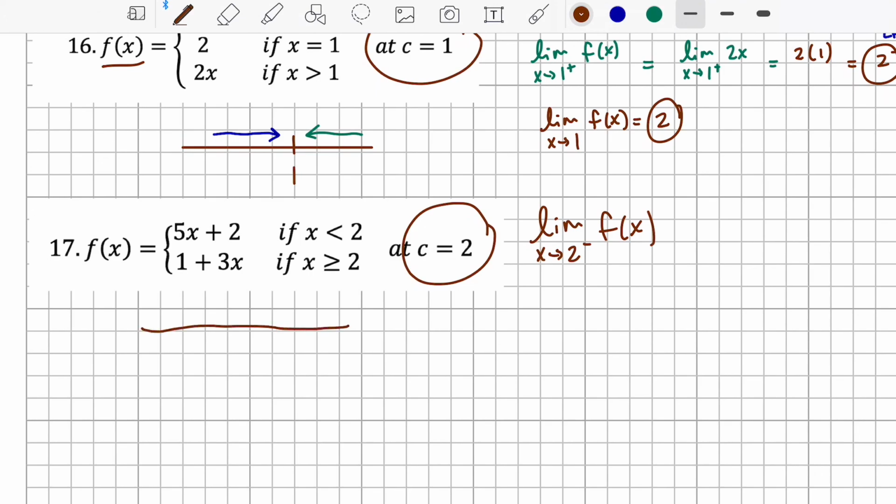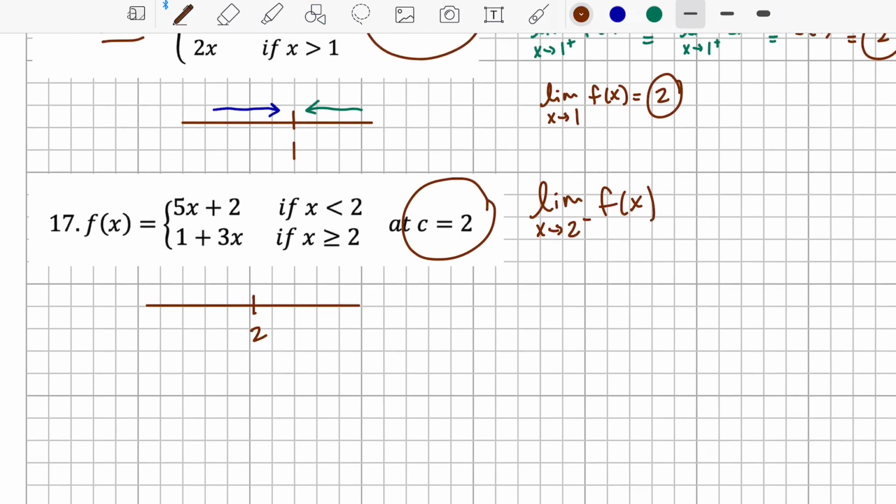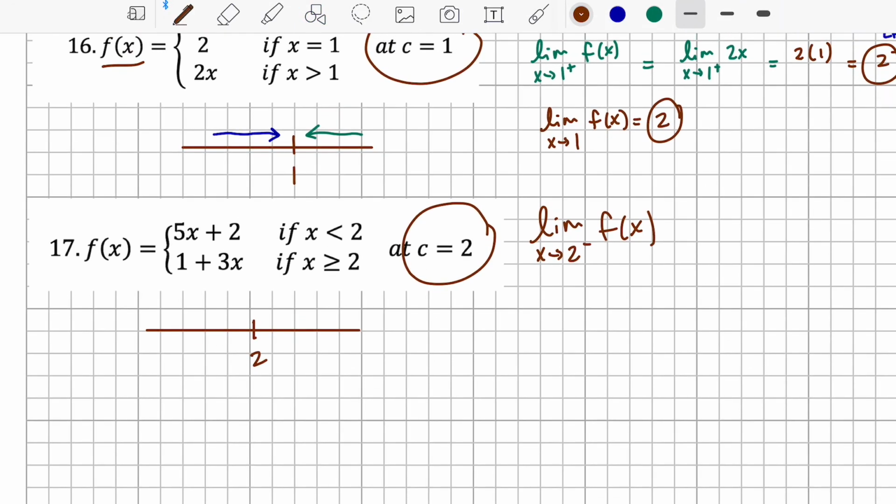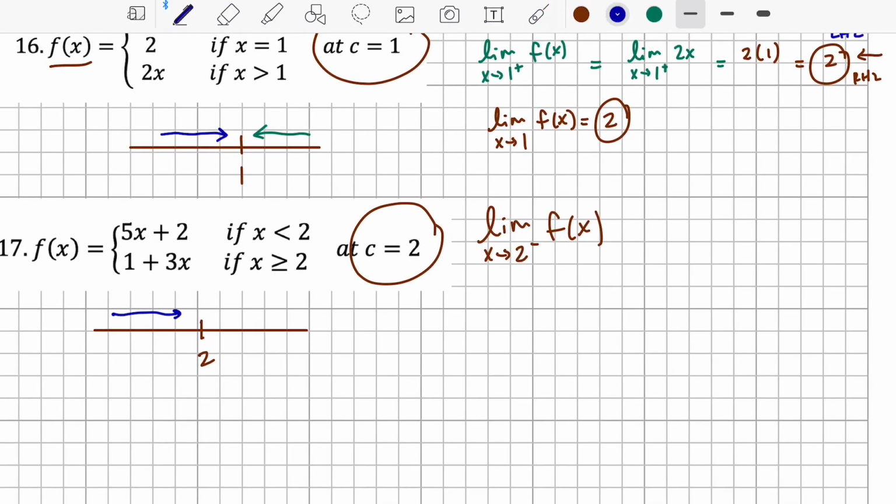So again, let's think of the number line. Number line at 2. And from the left means we are approaching from the left, so this way. From the left means that all these values to the left of 2 are less than 2. So that means I have to use this function, 5x plus 2.